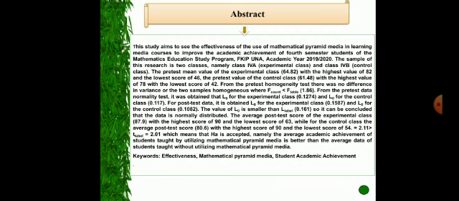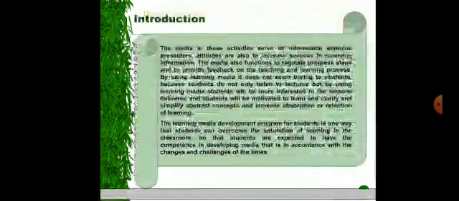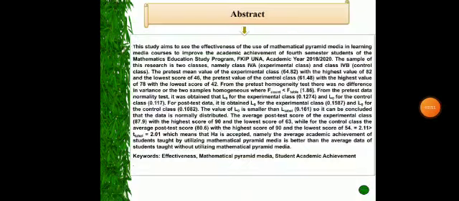For the post-test data, it's obtained LO for the experimental class 0.1587 and LO for the control class 0.1082. The value of LO is smaller than L table 0.161, so it can be concluded the data is normally distributed.